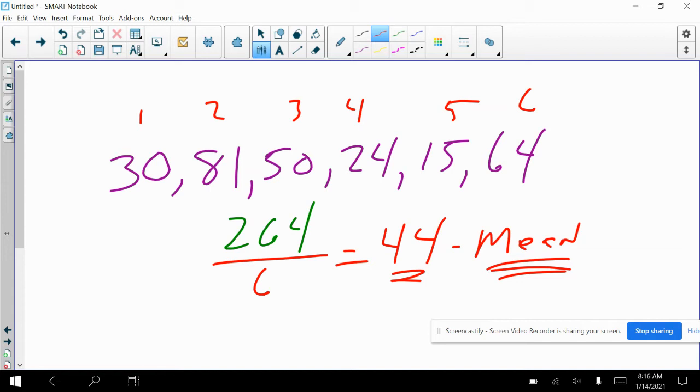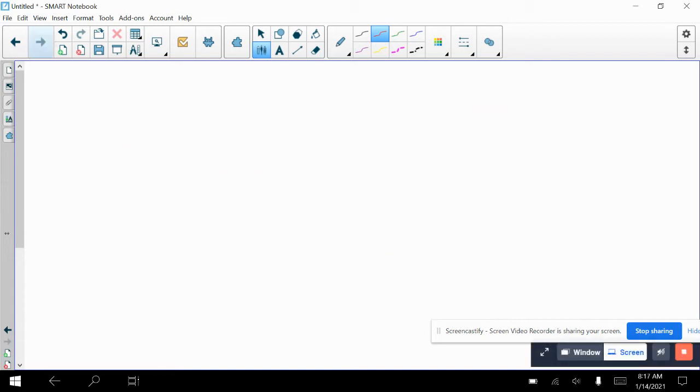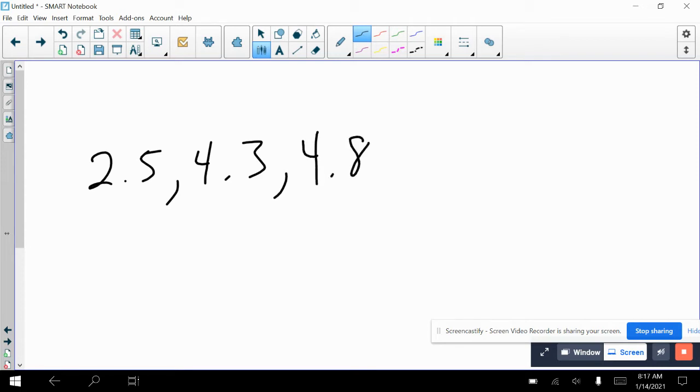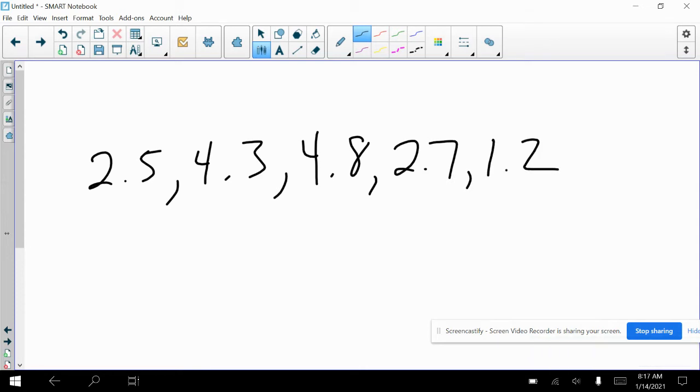All right, so both of those means came out to be whole numbers, right? Well, that's where I don't want you to be confused, because anything could be a data set. So now here's one with decimals. We've got 2.5, 4.3, 4.8, 2.7, 1.2.